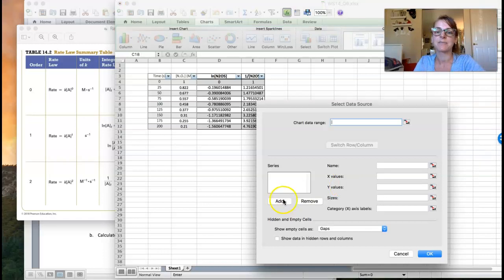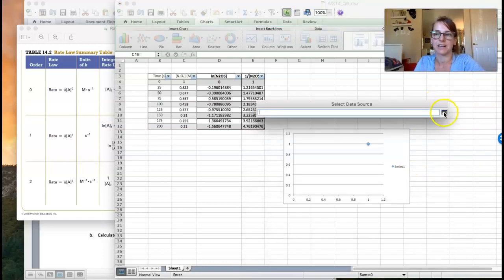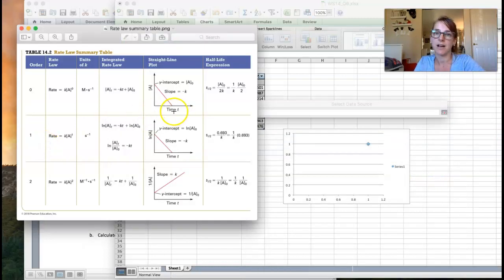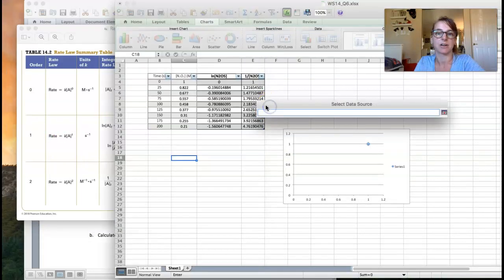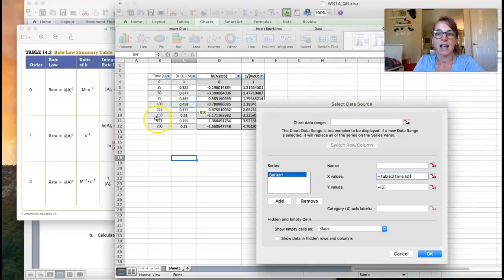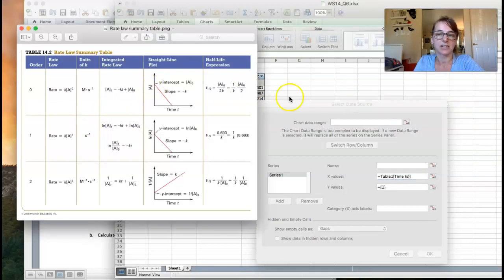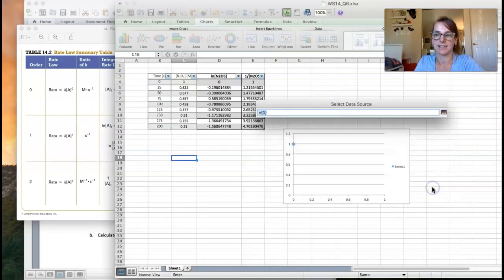I right click, I add a series, and I'm just going to do zero order kinetics first. So I'm going to choose the X values. So if I wanted to plot X, I need to select the time column. So I'm going to highlight time. And on the y-axis, I should plot just the concentration as is.